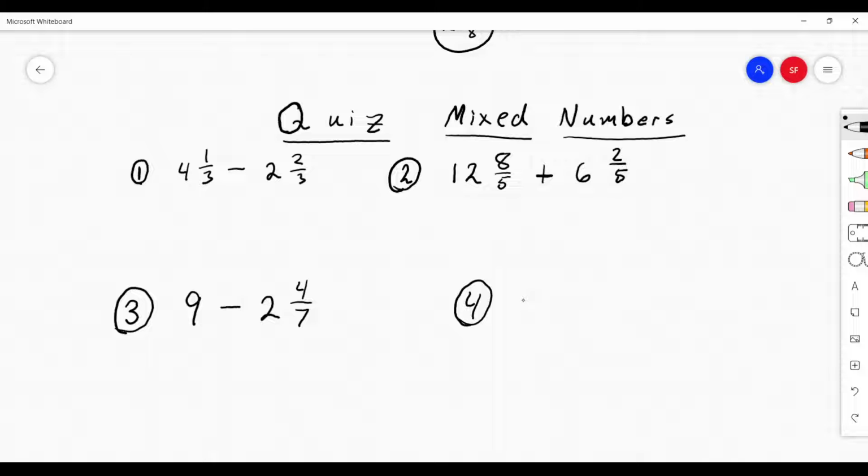Yes. Told you he's a Mickey Mouse. What was I doing? I got distracted because I was answering a question. Number 4 is 3 and 2/7 minus 5 and 6/7. Ready, set, go.